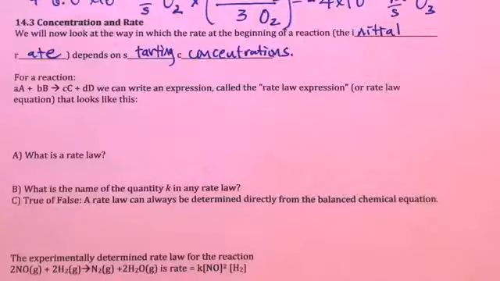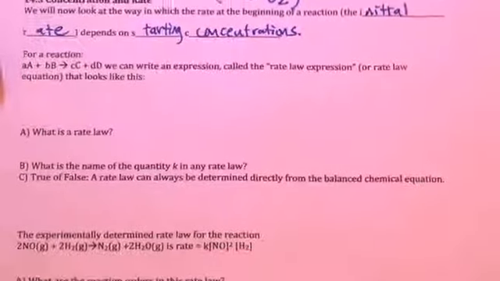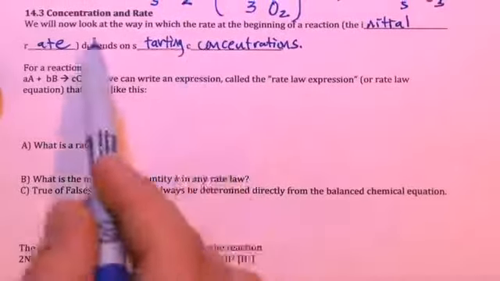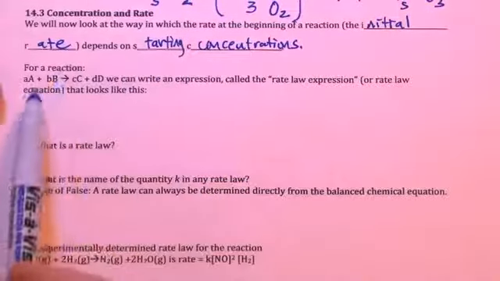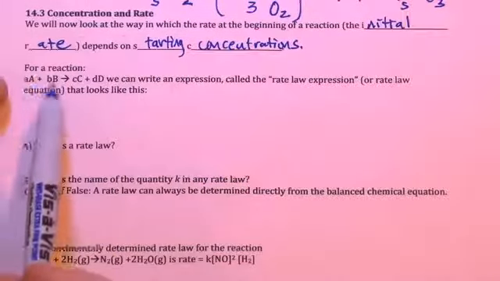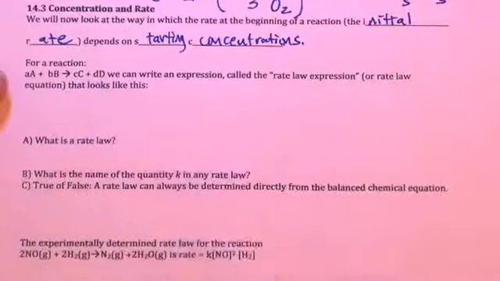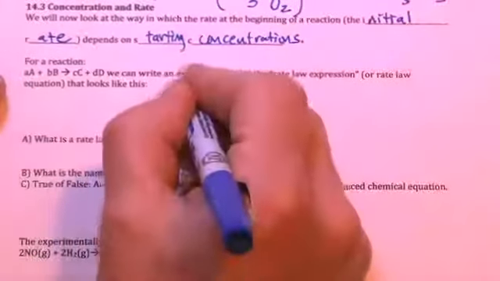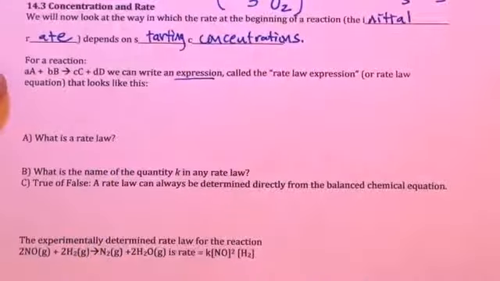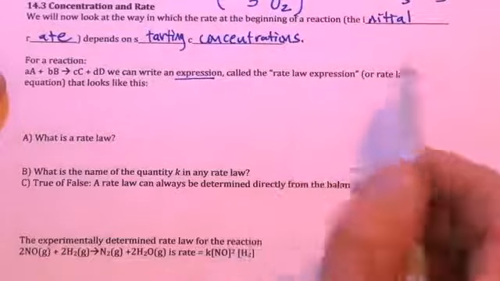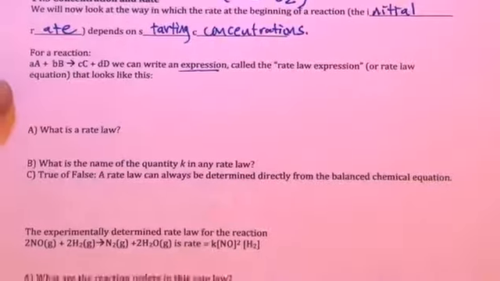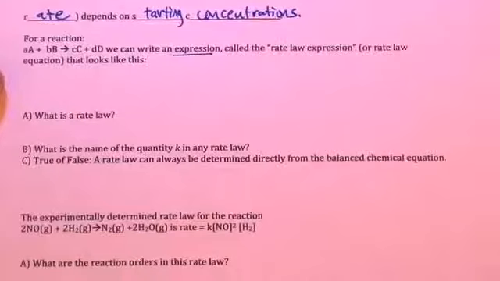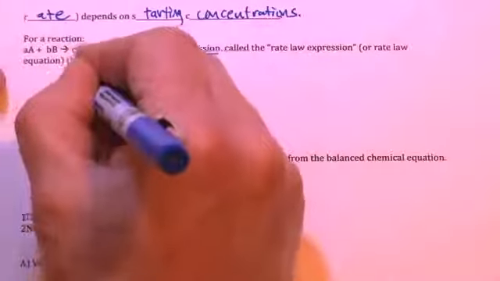So in general, when we study how concentration can affect rate, for a reaction A plus B goes to C, we can write a mathematical equation that's called the rate law expression or the rate law equation. It generally looks like this.